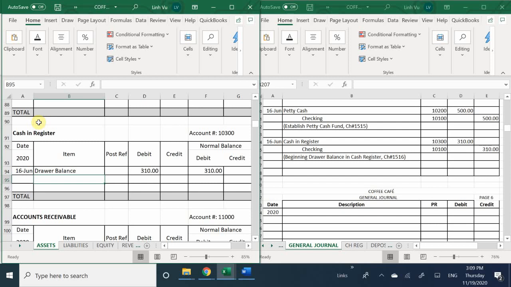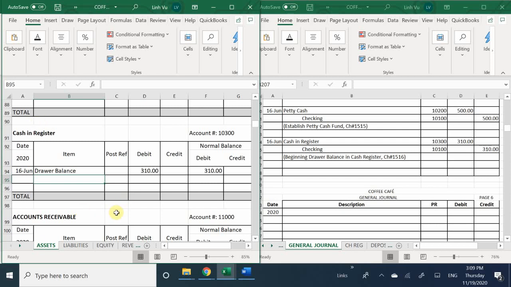We established an amount of money in our cash register so we can give change to our customers. This amount will not change unless we're not getting enough money, or we're doing more sales now, so we need to up our cash register. But in this case, I established 310, so it stays at 310.